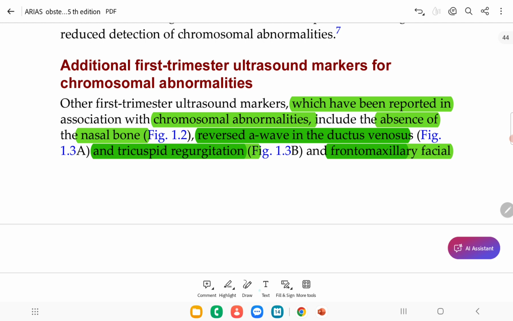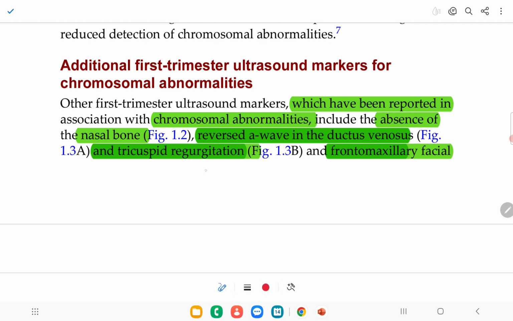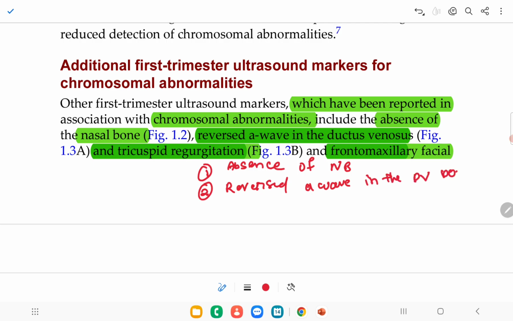frontomaxillary facial angle. So the first trimester soft markers: point one is the absence of nasal bone. Second is the reverse A wave in the ductus venosus Doppler, DV Doppler.